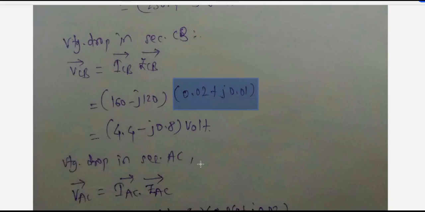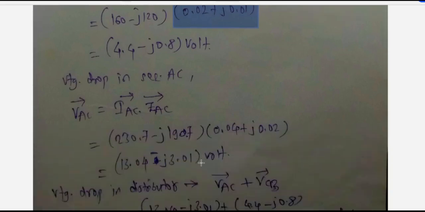The voltage drop in section AC, VAC, is equal to IAC into ZAC. So it comes as 230.7 minus j times 190.7 into 0.04 plus j times 0.02. Multiplying this together, we will get 13.04 minus j times 3.01 volt.